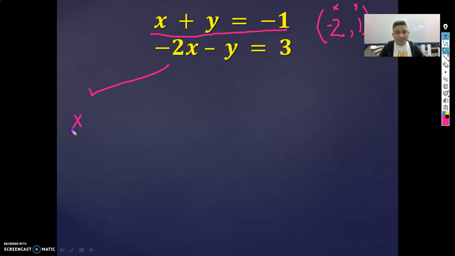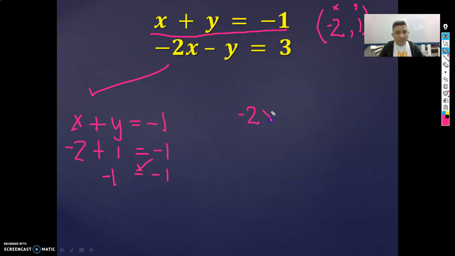The first equation is x plus y equals negative 1. Tapos, the value of x is negative 2. The value of y is positive 1 equals 1. Okay, negative 2 plus 1 is negative 1. So, kapareha siya nung nandito sa dulo. So, this is correct.